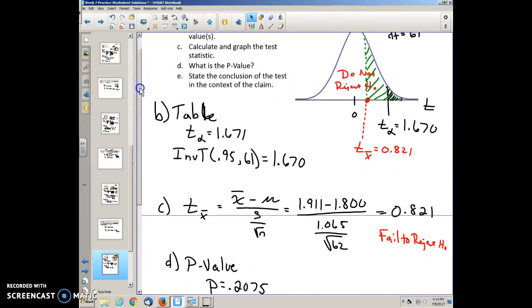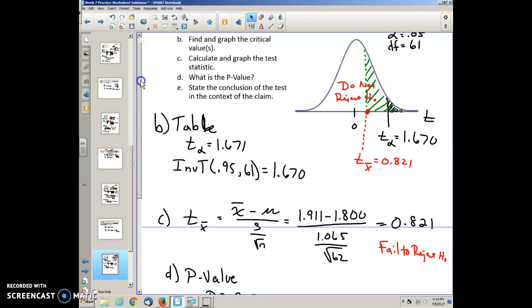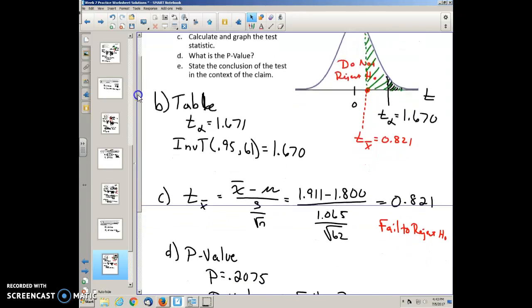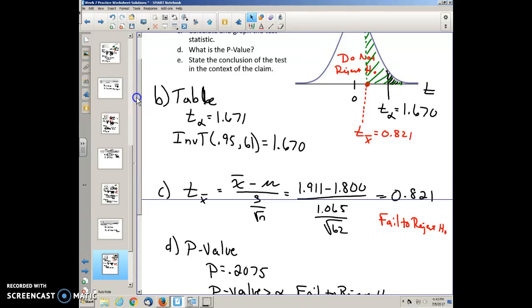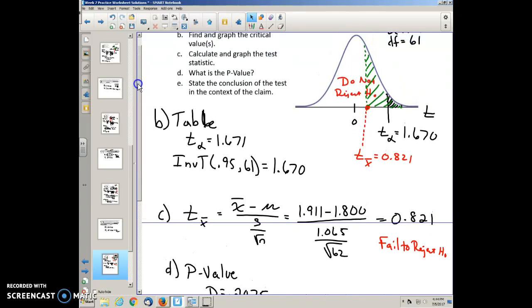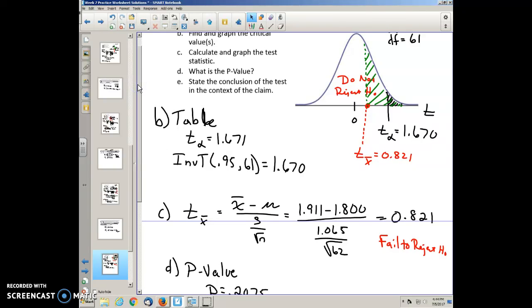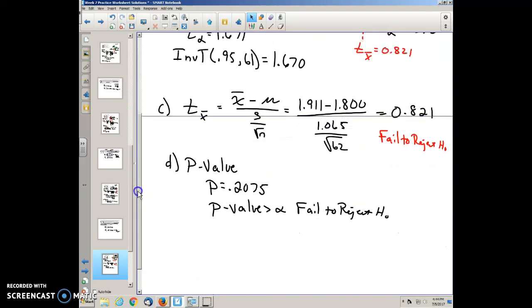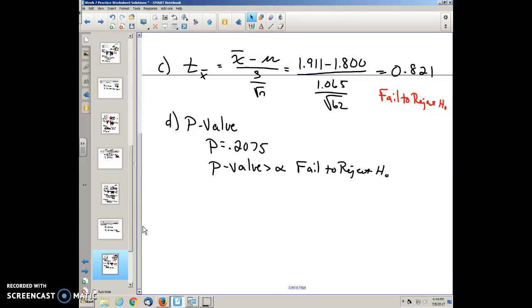So you have to find the critical value or values if it's a two-tailed test, and then you find the test statistic, which is based on your sample mean, and you see where it lies in the t distribution. And if it's in the rejection region, then you reject the null hypothesis. Otherwise, you do not reject. With the p-value, you don't even need to graph any of that stuff.